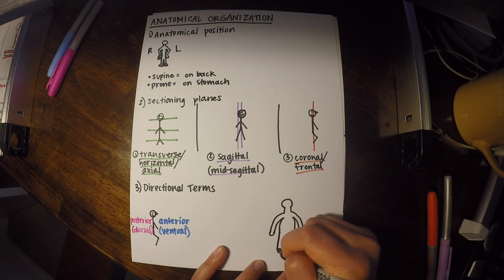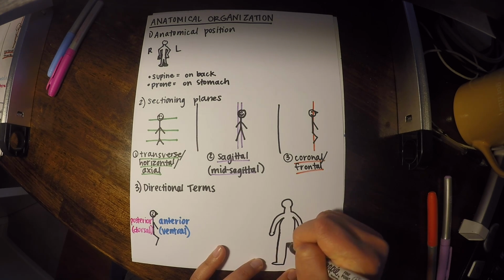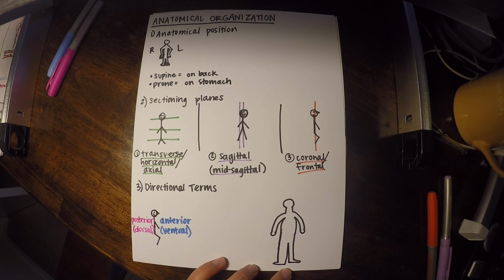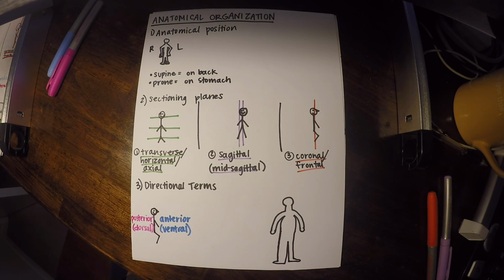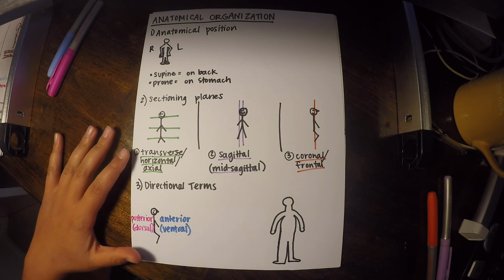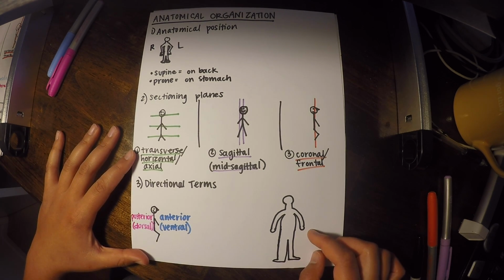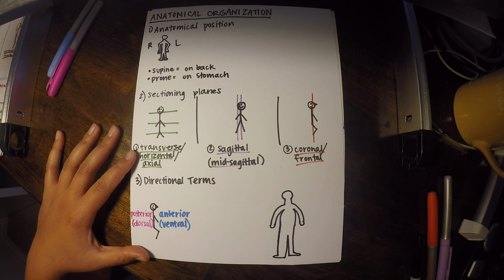I really just want to draw the form of someone's body here. I don't really care that his legs are all messed up. Alrighty, so remember, we're looking at someone in anatomical position again here.